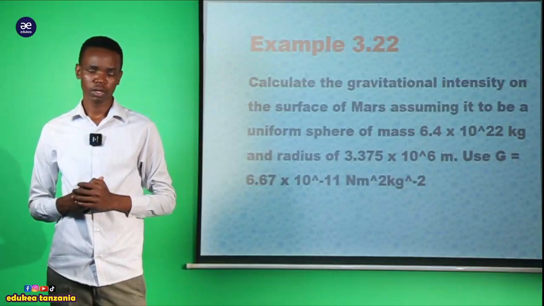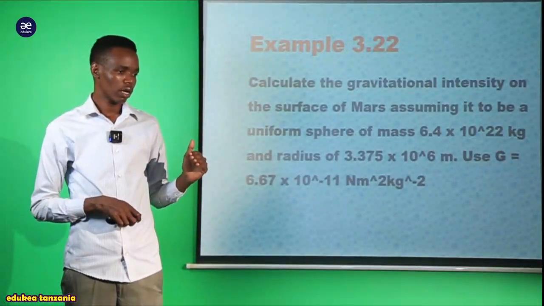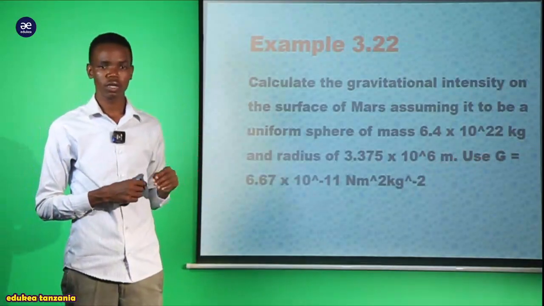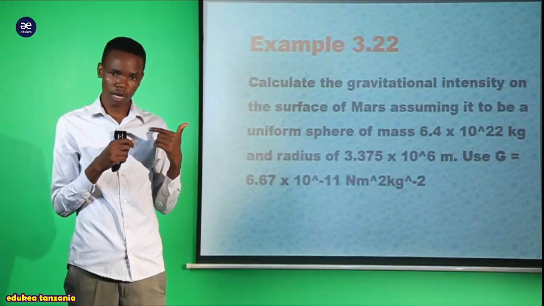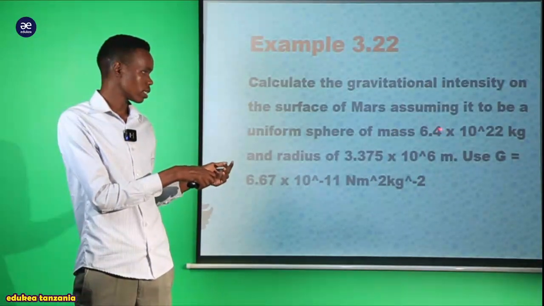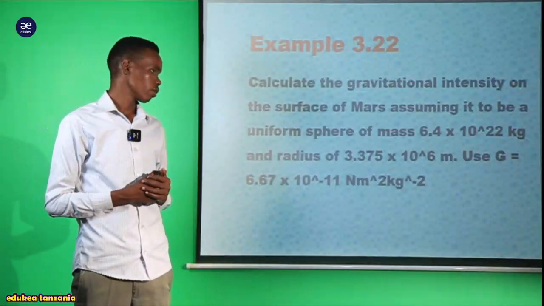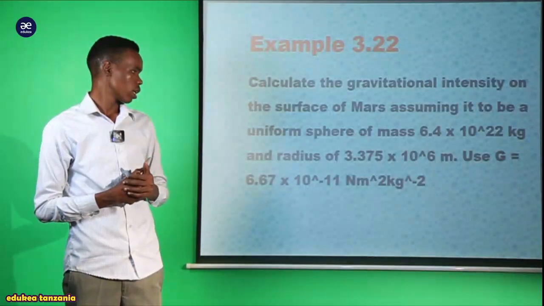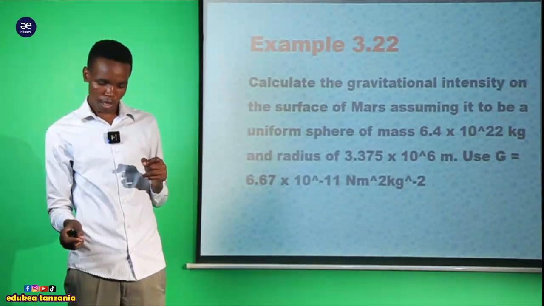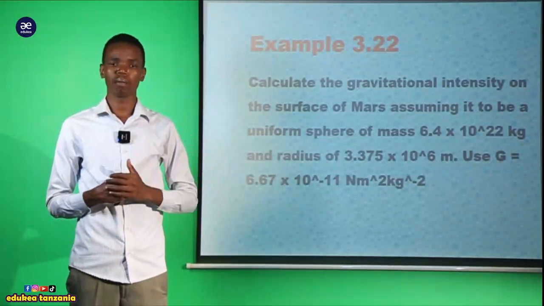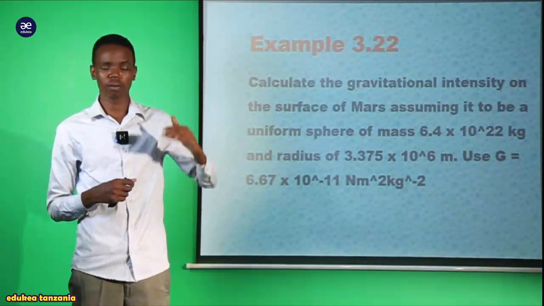So before we solve this question, we are supposed to summarize the data that we have. In our question, my dear student, we have the mass of this planet, which is equal to 6.4 exponent 22 kg. And finally we have the radius, the distance from the center of the planet to the point on its surface.